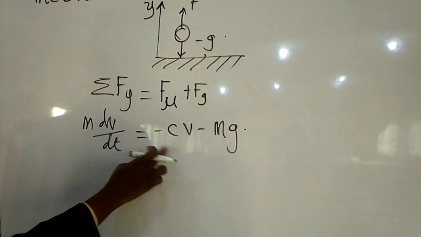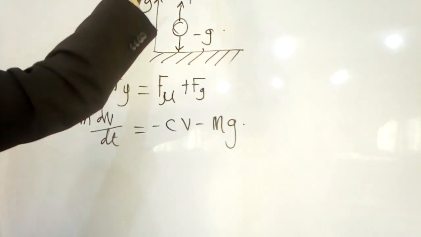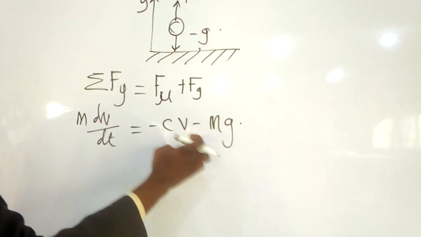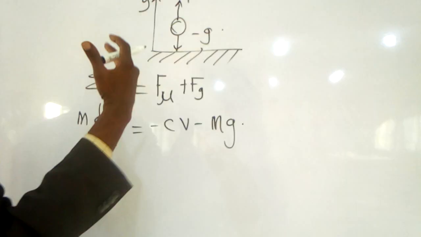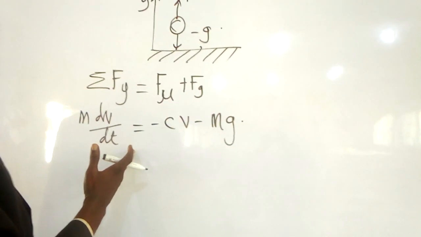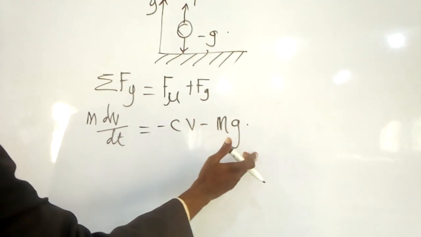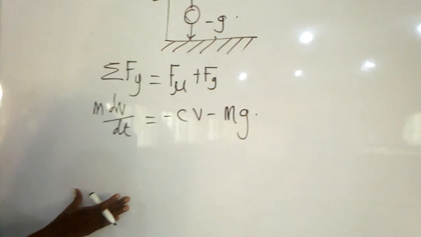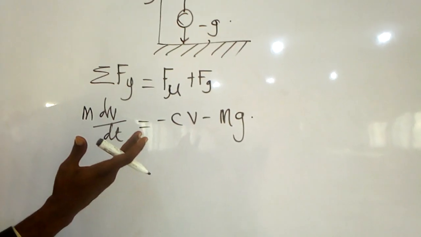Now take note that this is the relationship for the frictional action of the object in space. Mass multiplied by gravitational force of attraction is negated because it is going upward. So this is a model, a first order mathematical model, of a mechanical object in space.